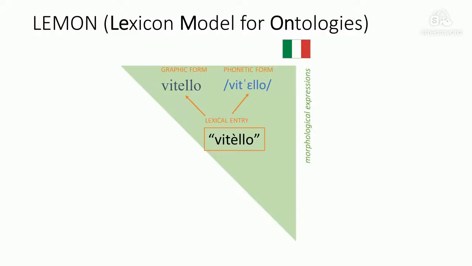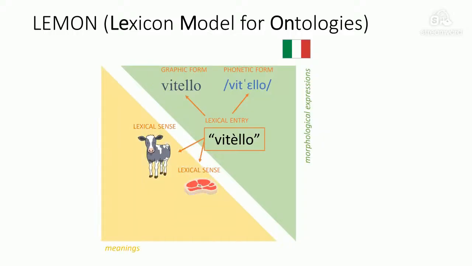On the meaning side, instead, vitello has a couple of lexical senses: the living animal and its meat. Of course, all these senses in the end refer to the abstract entity we think of for this word. So that's an abstract concept existing regardless of the specific language, a sort of Platonic idea.